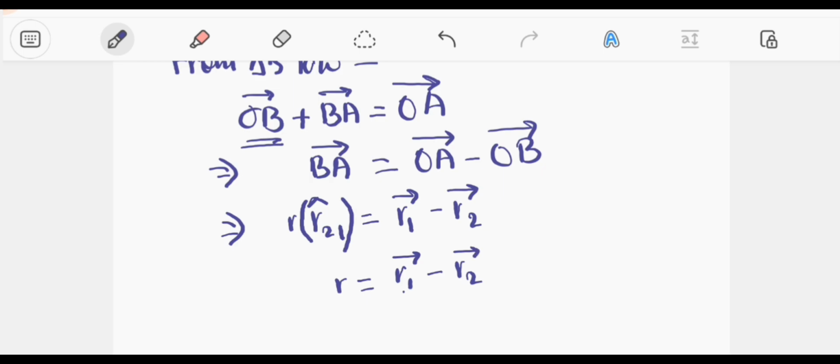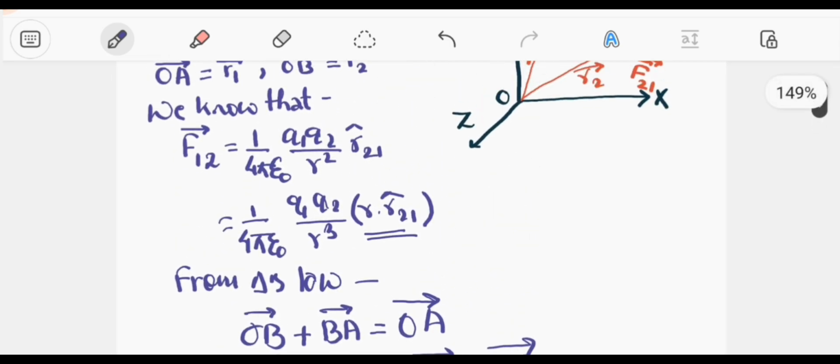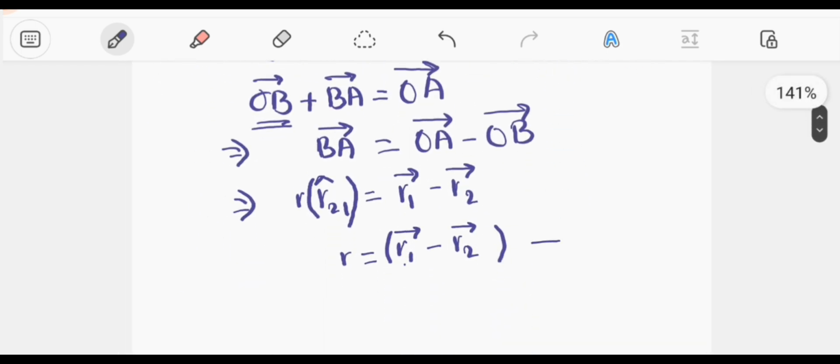Now if we substitute these equations, let us consider this is equation 1 and this is equation 2.